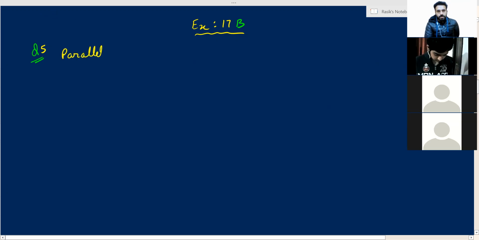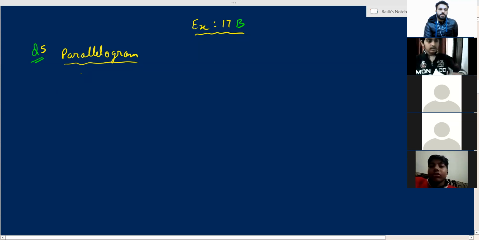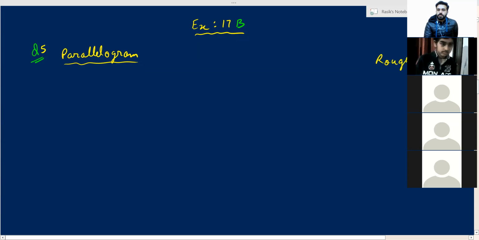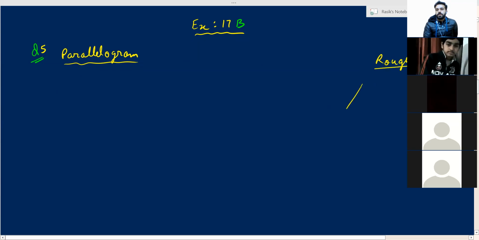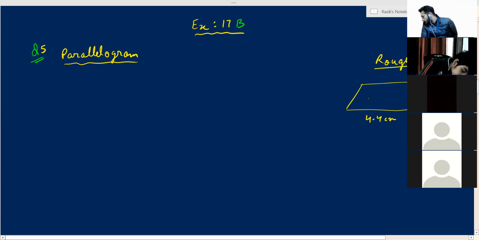We have to construct a parallelogram. Let's name the parallelogram as ABCD. I'm drawing the rough figure here. One of the sides of the parallelogram is 4.4 centimeters and the lengths of the two diagonals are given.